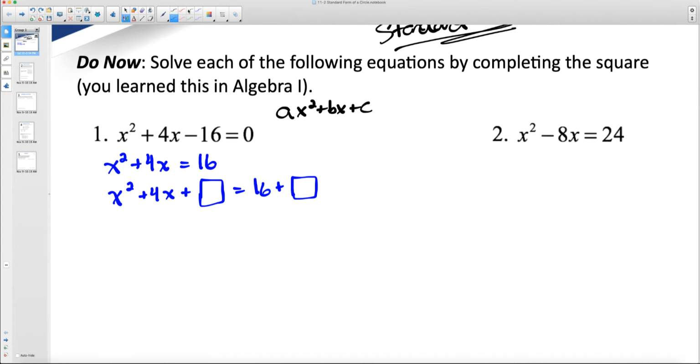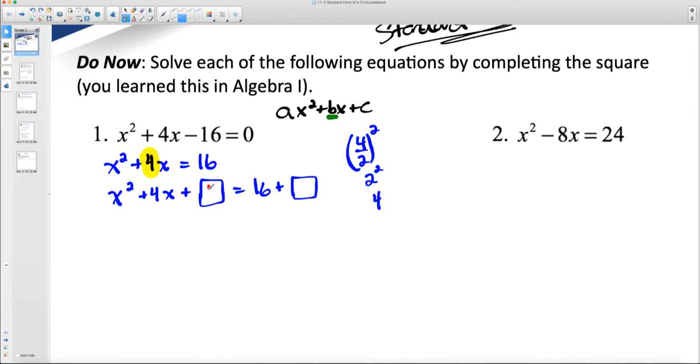We're going to take our b value, which in this case is 4, half it, and square it. So 4 divided by 2 is 2, and 2 squared is 4. So we're going to add that to both sides.